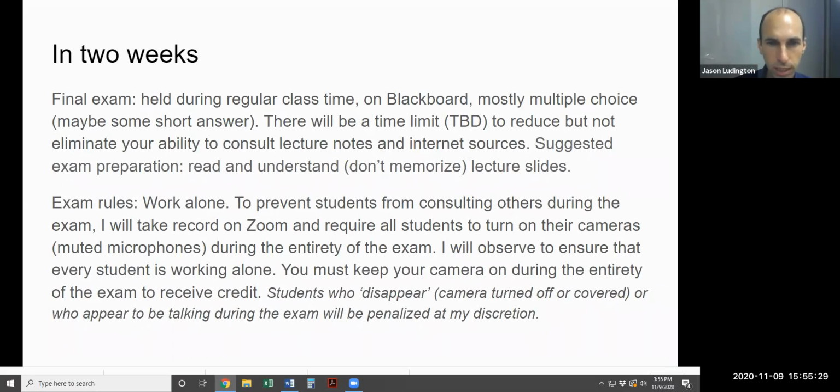How many questions on the final exam? There will be somewhere between 50 to 70 questions. I haven't decided exactly. There might be fewer, there might be more. Probably not more. I don't like long exams.